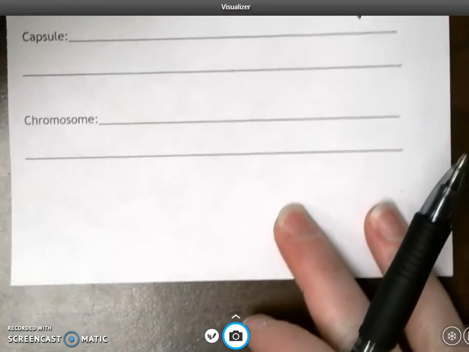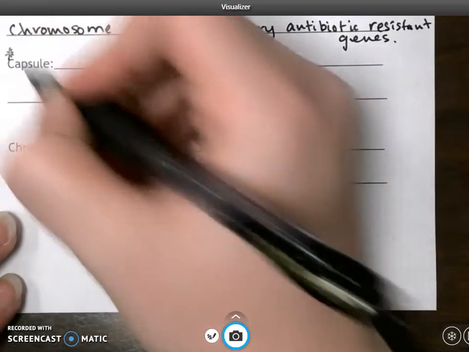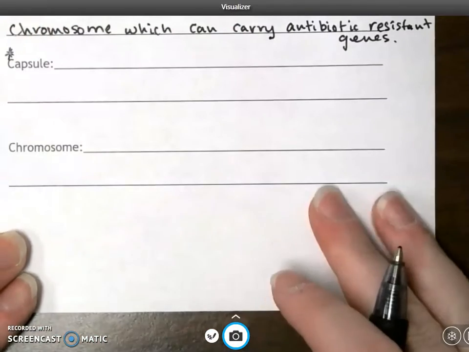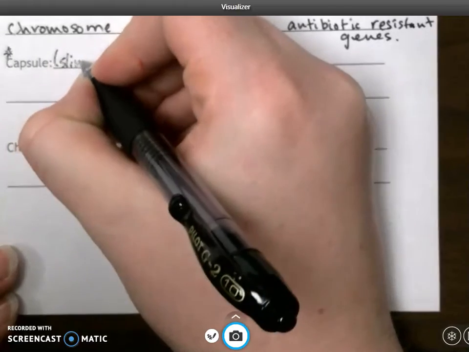Our next one is the capsule. Okay, this is one that's also not found in all cells, but in a lot of prokaryotic cells. It's also called the slime layer.